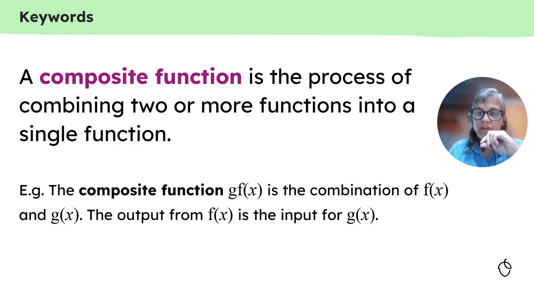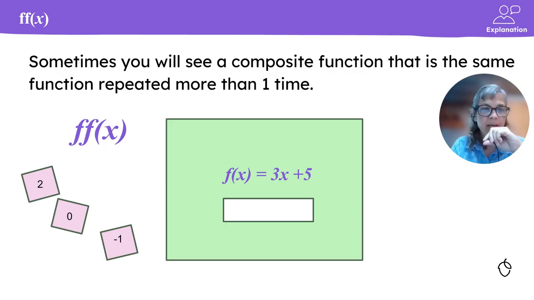Sometimes you will see a composite function that's doing the same function a second time. If you see that, it will look like a repeated letter, like ff of x. In that case, you're just doing the same function, but repeating it more than once. So for example, you'd run these values through. Say we changed f of x to be 3x plus 5.